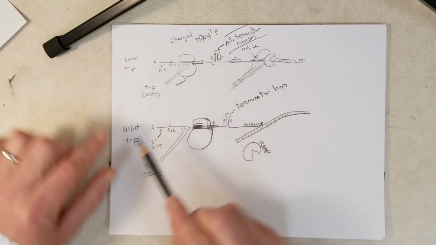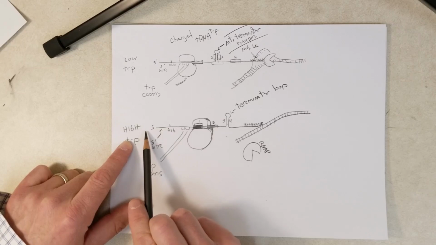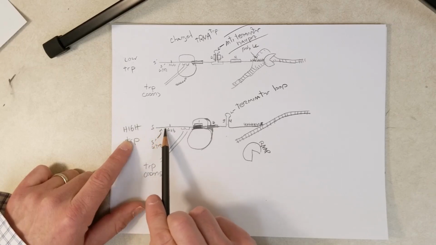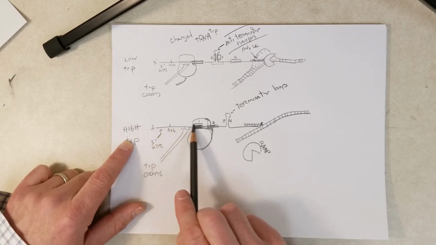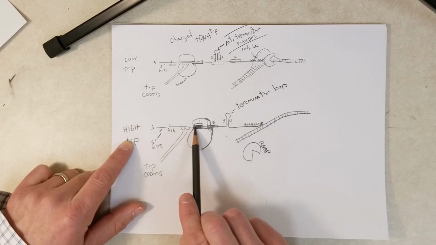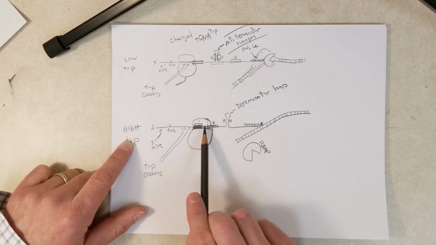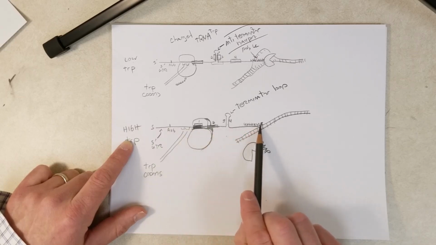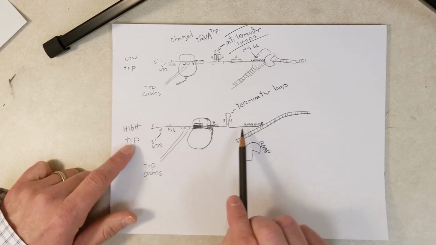If tryptophan levels were high and somehow RNA polymerase made it by the operator region, maybe the repressor wasn't bound for some reason, and was able to transcribe this leader right here, well, the ribosomes would jump on, and remember, ribosomes can begin translation while RNA is being transcribed in prokaryotes because there's no nucleus.